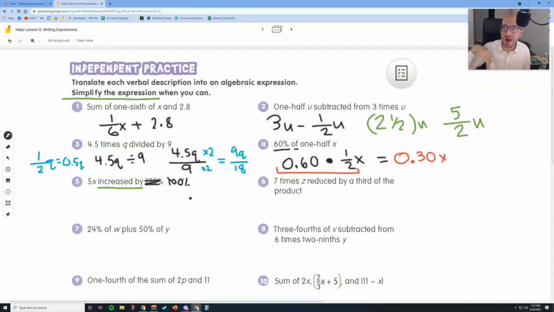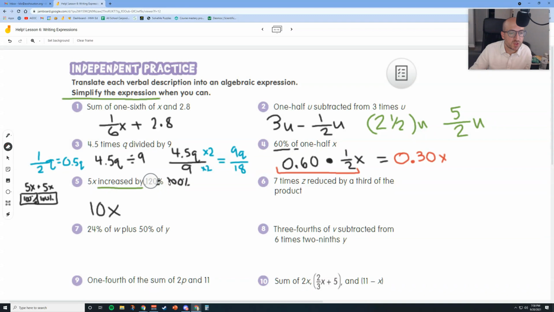I had a certain amount and then I increased it by that same amount. So 5x increased by 100% would be 10x. Because 100% of 5x is 5x. If I increase it by another 100%, that would be another 5x.